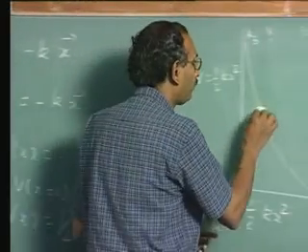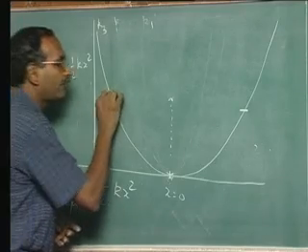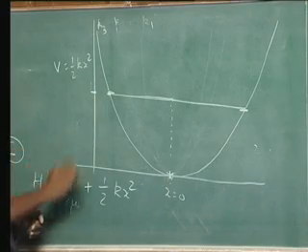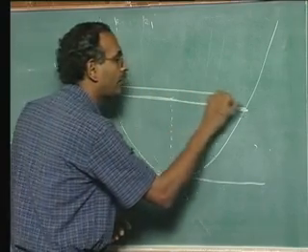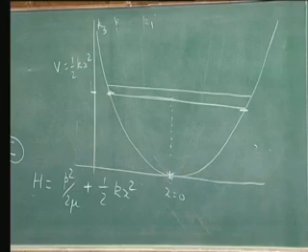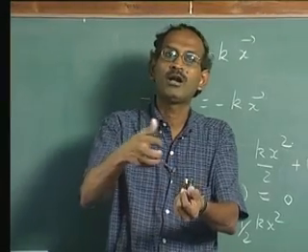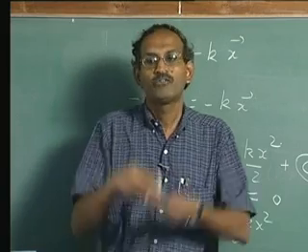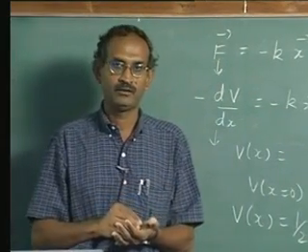The second important point is that the oscillator can have a constant energy like this, or a constant energy like this. Classically any energy is possible depending on what the maximum displacement is, assuming that things are harmonic.